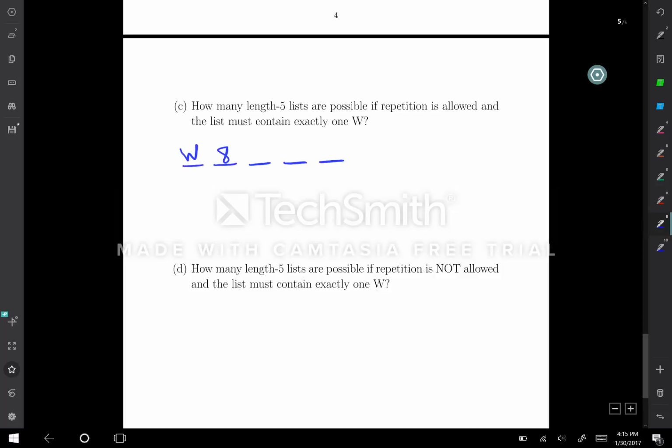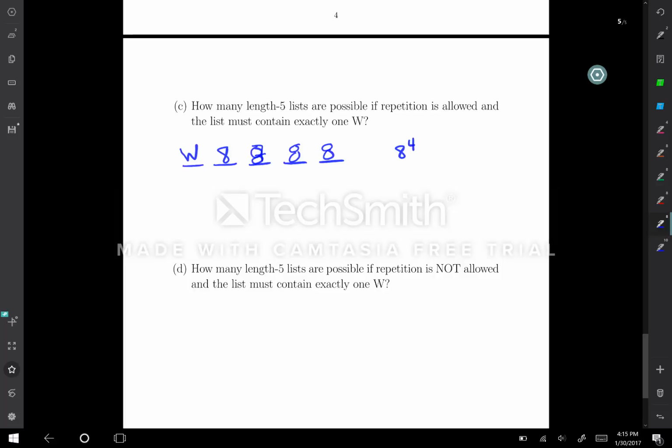That would be 8. And then 7, pardon me, that would be 8 again because we're allowed to repeat. And then 8 again, and then 8 again. So in this case, there would be 8 to the 4th possibilities.